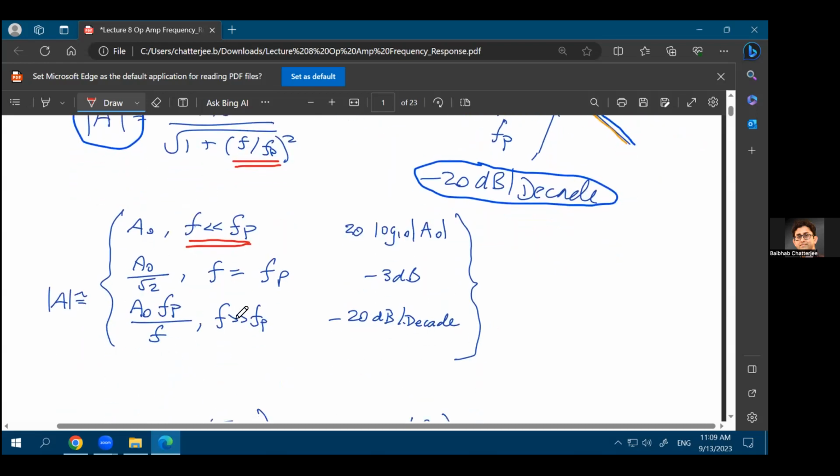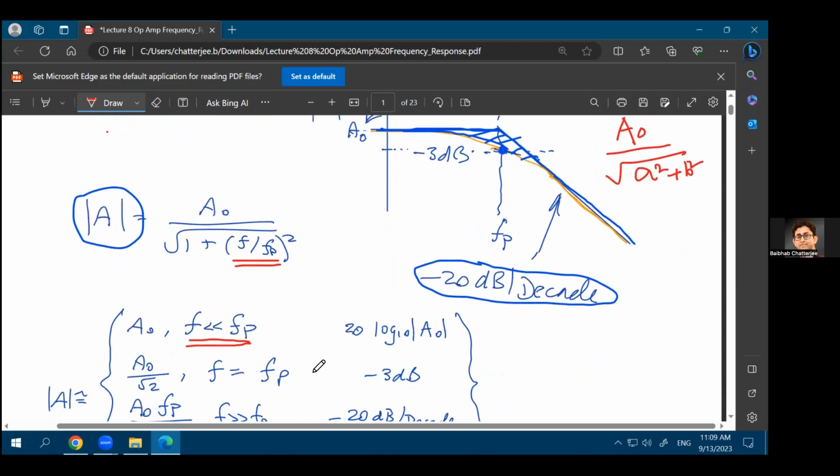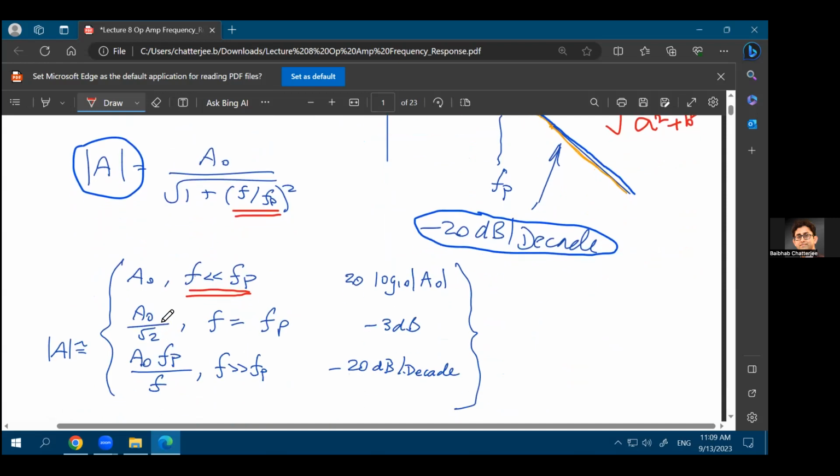At F equal to Fp, the value of the transfer function will be A0 divided by square root of 2. The same calculation I have done on the board. It comes from A0 divided by square root of A square plus B square. Both your A and B are equal to 1, so A square plus B square is 2, and you have that under a square root. So the value of the transfer function is A0 over square root of 2 when you are at the pole frequency.